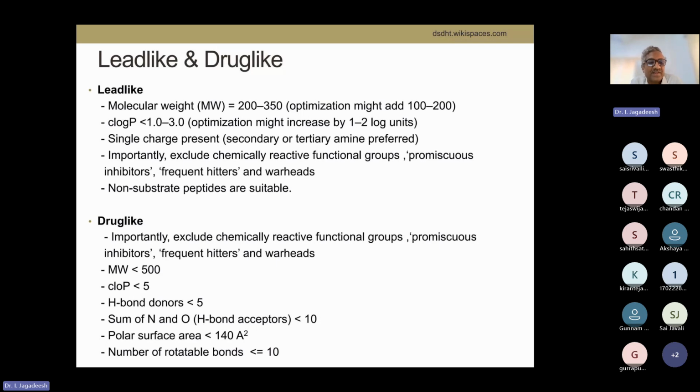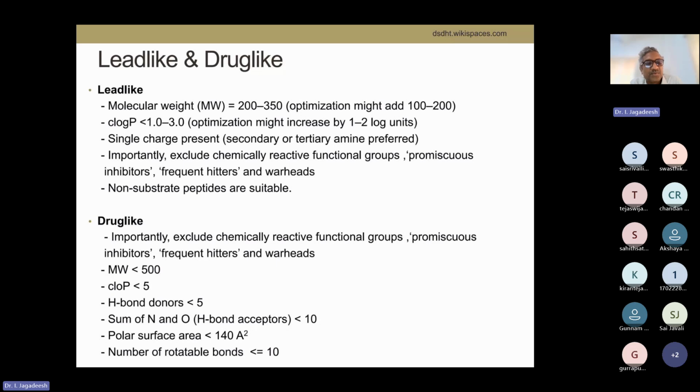So till now what we have seen for the drug-like molecule: molecular weight less than 500, log P less than 5, hydrogen bond donors less than 5, hydrogen bond acceptors less than 10, polar surface area 140 angstrom square, and number of rotatable bonds 10. The last two are Weber's rule.